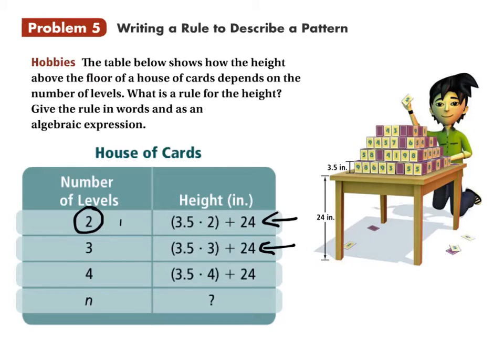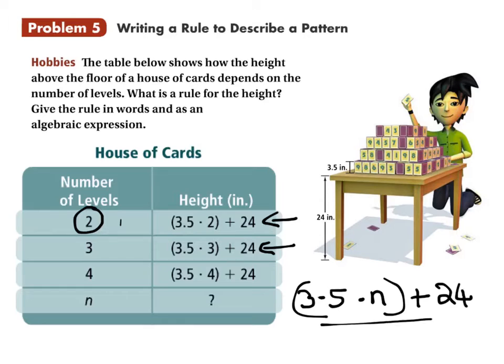If there are 4 levels, 3.5 times 4 plus 24. Similarly, if there are n levels of cards, what will be the rule? It's going to be 3.5 times n levels plus the height of the table, 24. So this is the rule for n levels of cards.